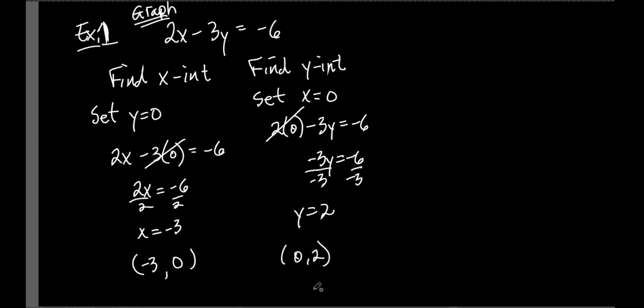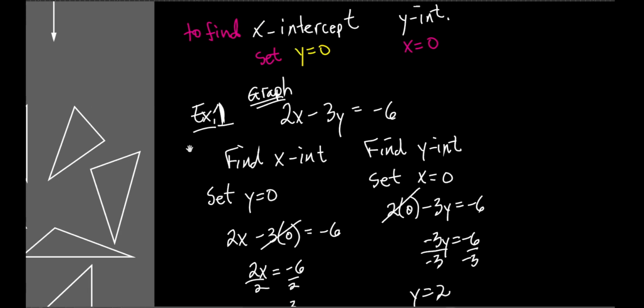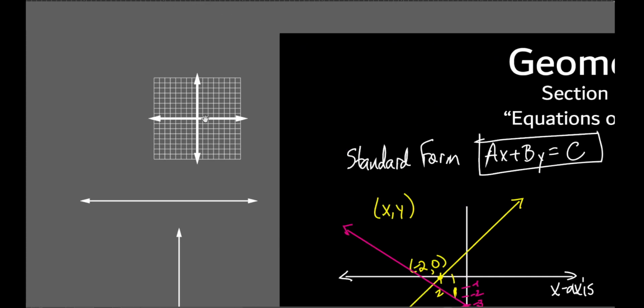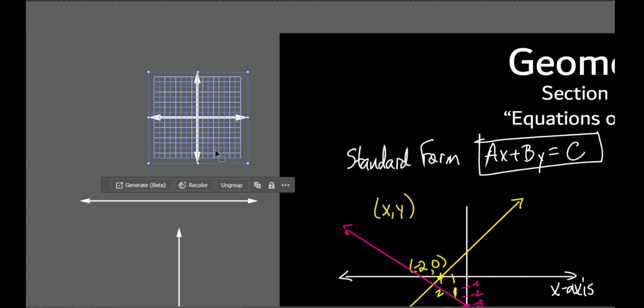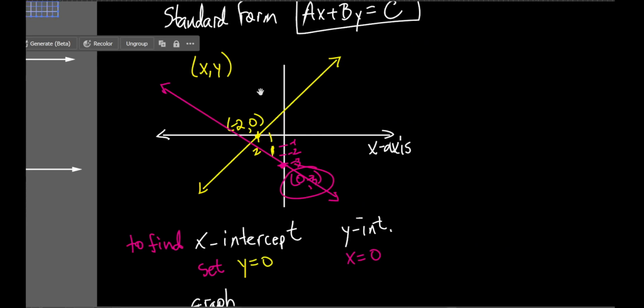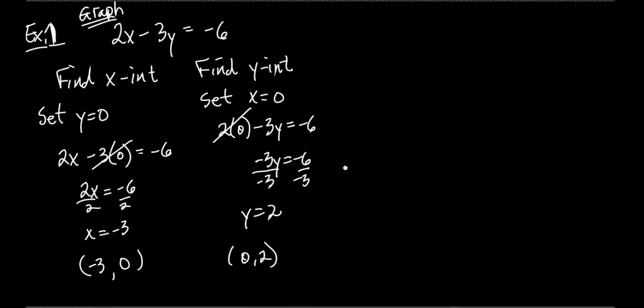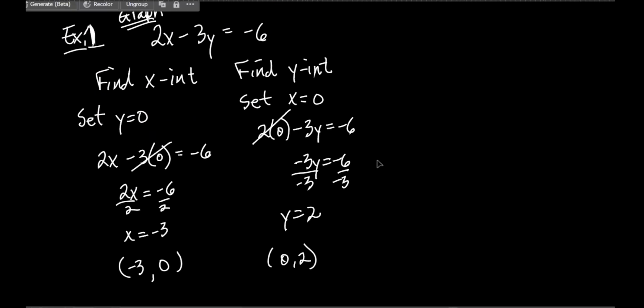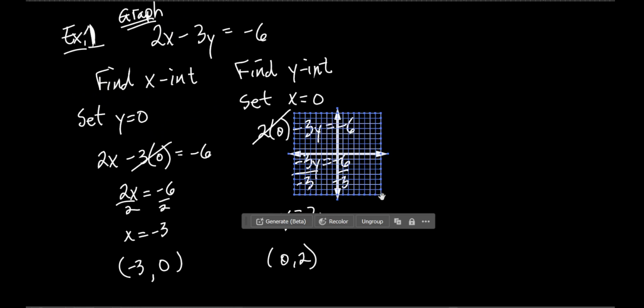So these points right here, those are crucial. The graphing part's super easy if you can just find 2 points, right? And that's what we just did. So I'll tell you what, let me do this. Let me grab this thing. I could do this without all the grid marks, but it just makes it look a little nicer.